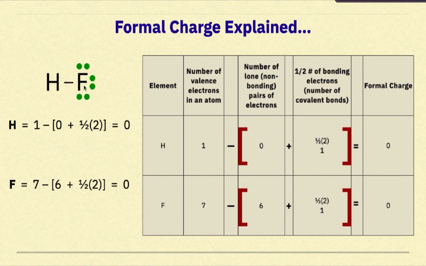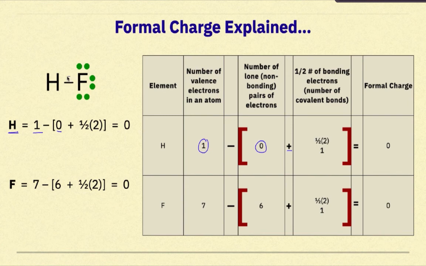So here's our Lewis structure of HF. Let's look at hydrogen. Hydrogen has 1 valence electron, so the number of valence electrons in the atom is 1. It has 0 lone pairs or non-bonding electron pairs around it, so the number of non-bonding electrons is 0. We add that to half the number of bonding electrons, also known as the number of covalent bonds.